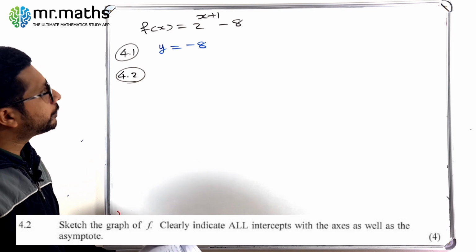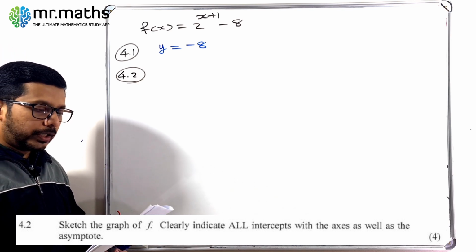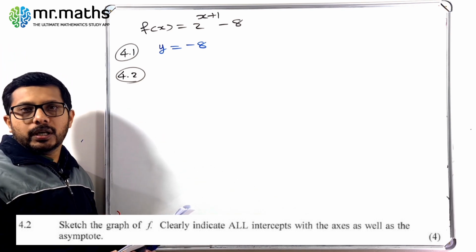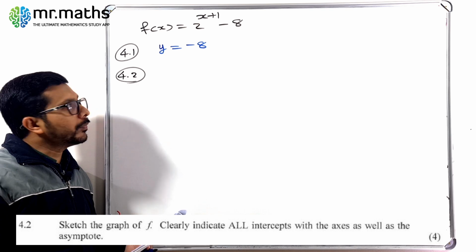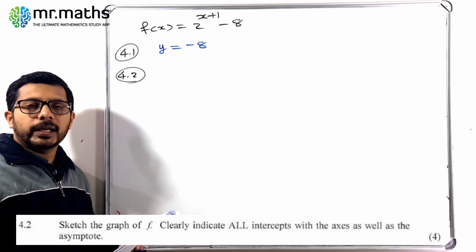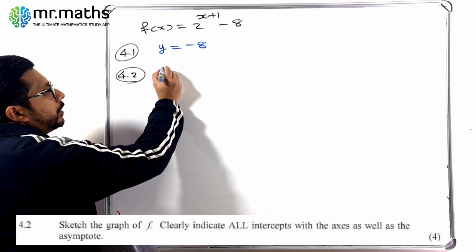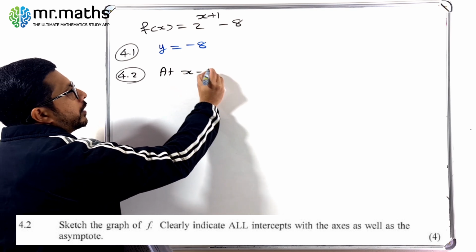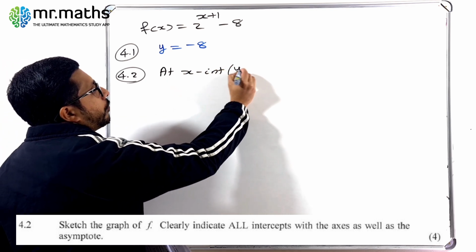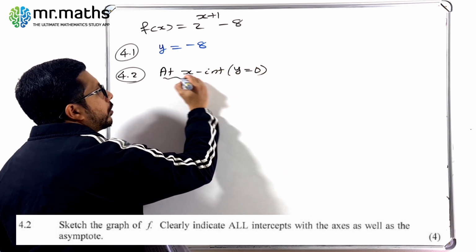First you have to find the x-intercept and y-intercept. Let me find the x-intercept first. At the x-intercept, what is the value of y? Y is equal to 0. You know that one.